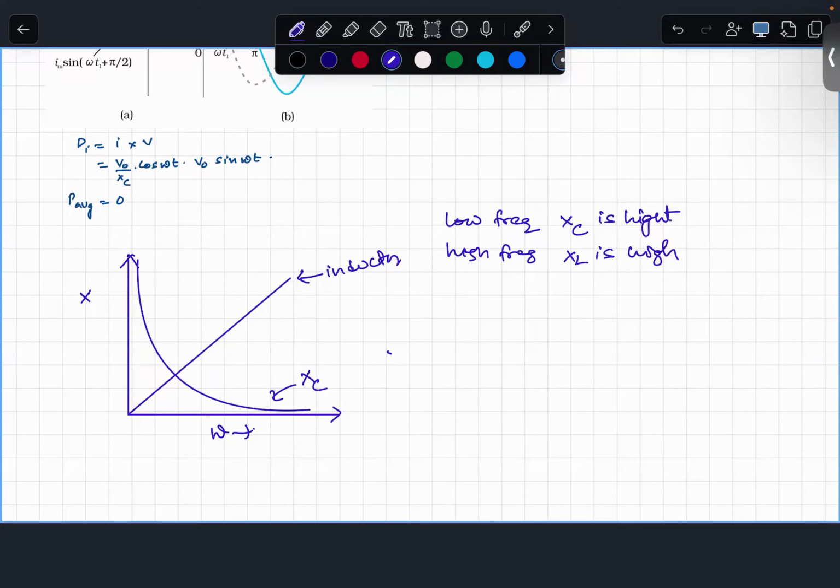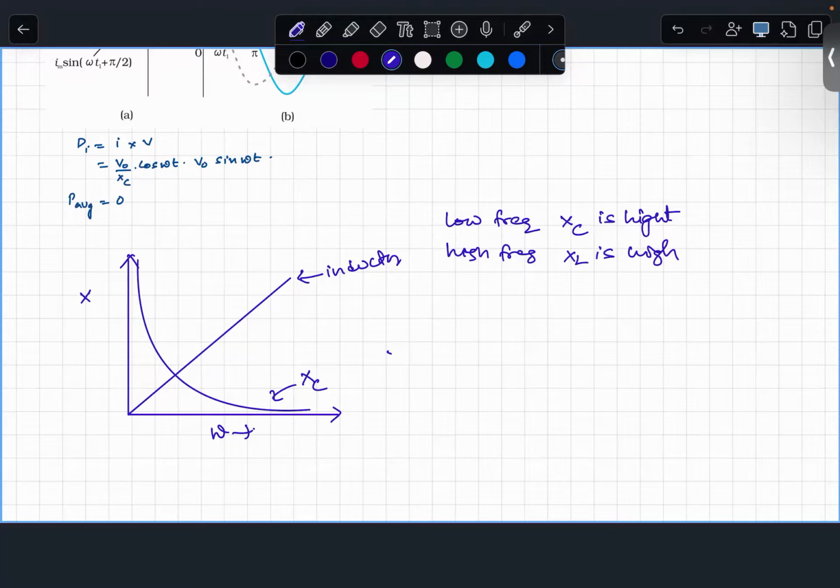DC, direct current, is considered to be almost zero frequency. So how is the response of that DC to a capacitor? What do you write when there is a steady current in the case of a capacitor? The capacitor acts as an open circuit. That you can understand from there.